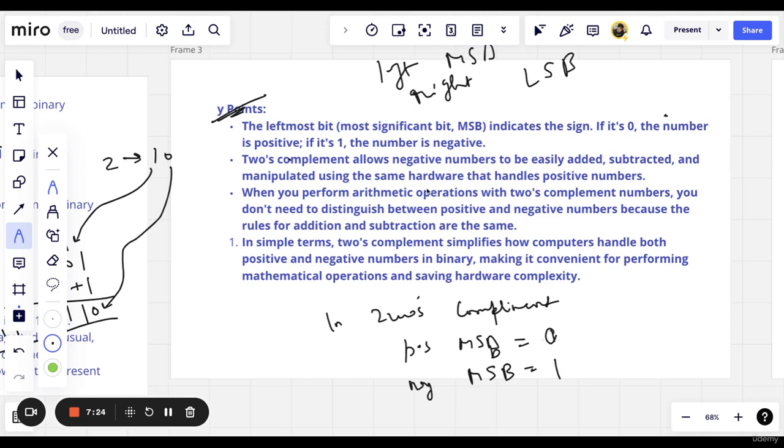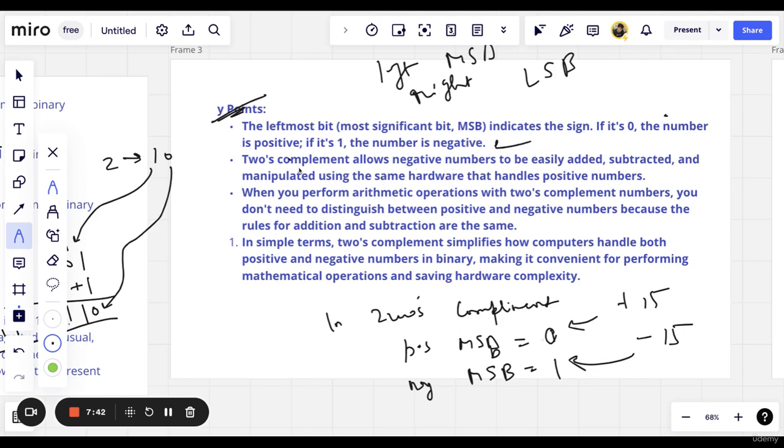Remember it. If you have, let's say, plus 15, the leftmost bit, the most significant bit, will always be 0. And if you have minus 15, the most significant bit will always be 1. So this is what it means.